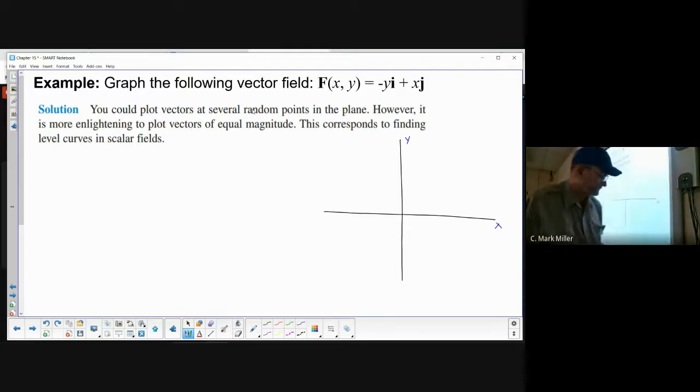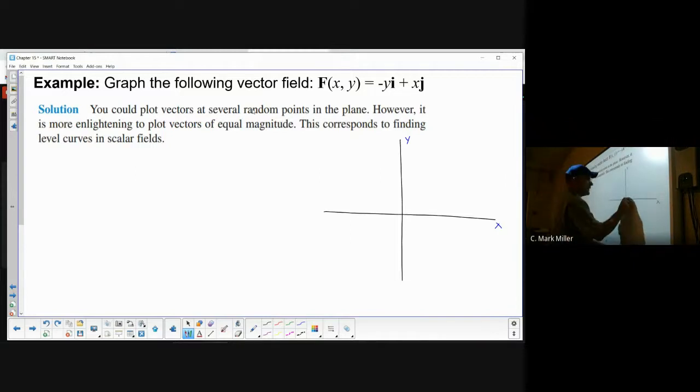For example, 1, 2, 3, 4, minus 1, minus 2, minus 3, minus 4. Right?